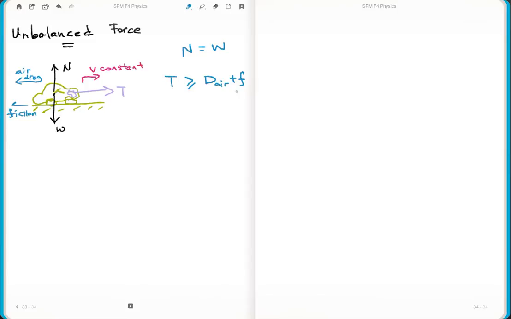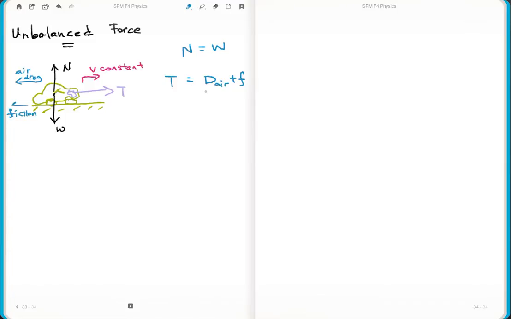Now if it were to be constant, then that's equal, right? Because if it's constant, acceleration is equal to 0. If you have acceleration, then there's some value to find out.